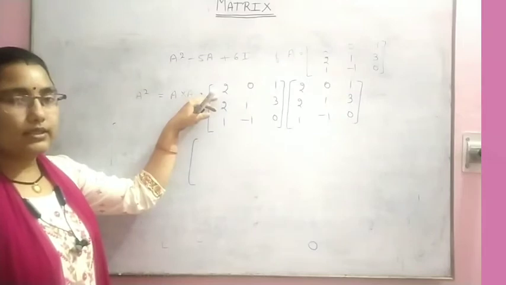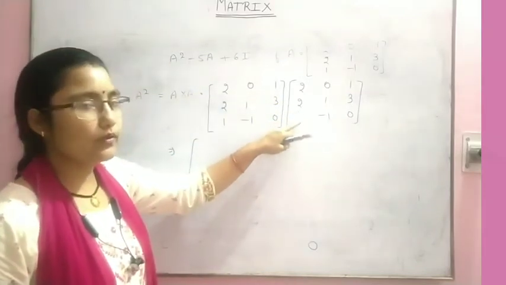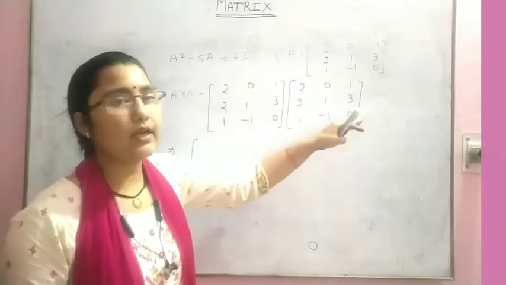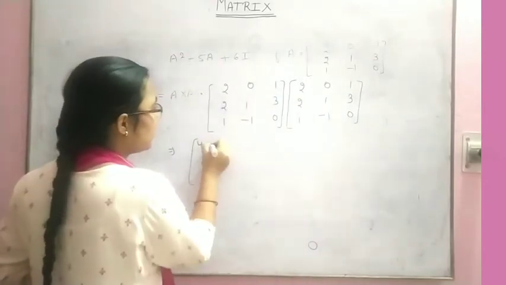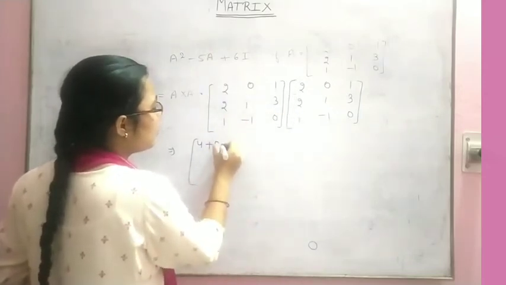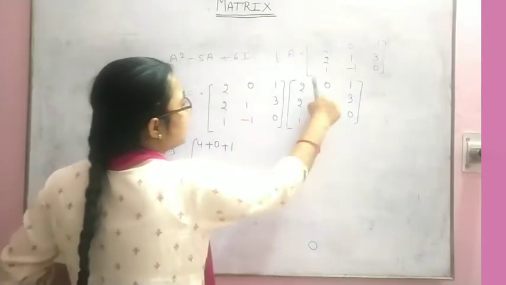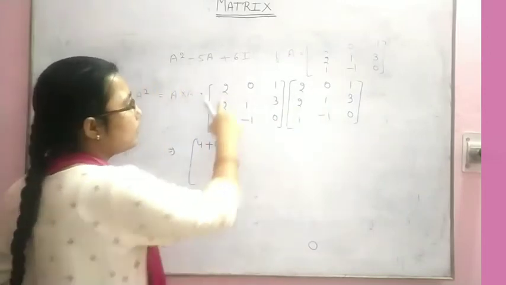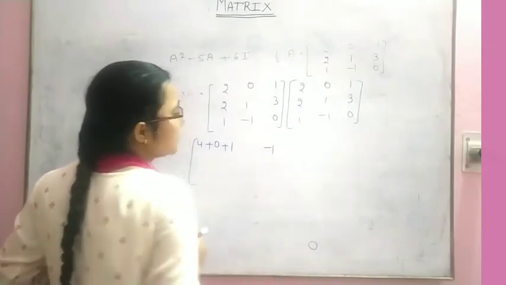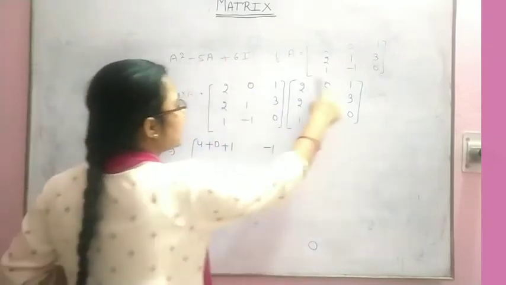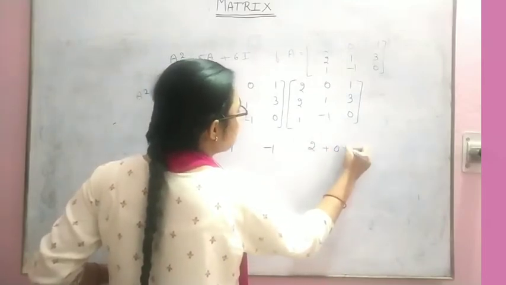Firstly, select the first row and multiply corresponding position elements with column first, then column second, and then column third. We get 2 2s are 4 plus 0 into 2 is 0 plus 1. Now for first row and second column, 2 into 0 is 0, 0 into 1 is 0, and 1 into 1, this is minus 1. 2 plus 0 plus 0.